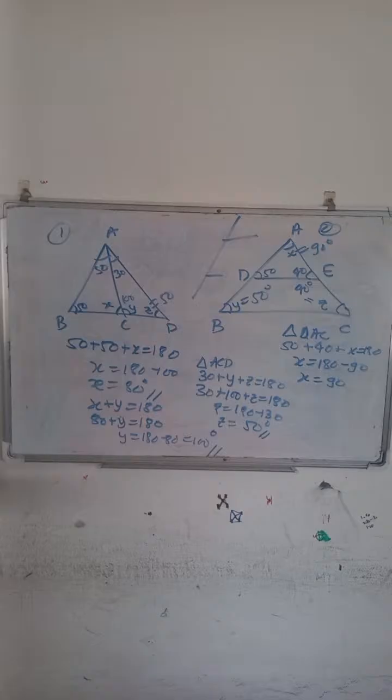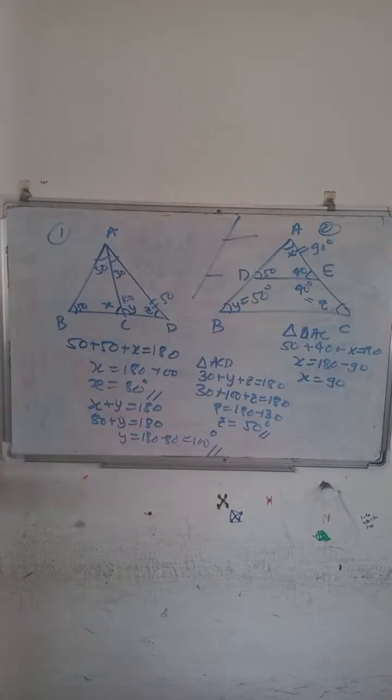If one angle of a triangle is 60 degrees and the other two angles are in a ratio 1:2, find the angles. Okay, so we can find out those angles here.